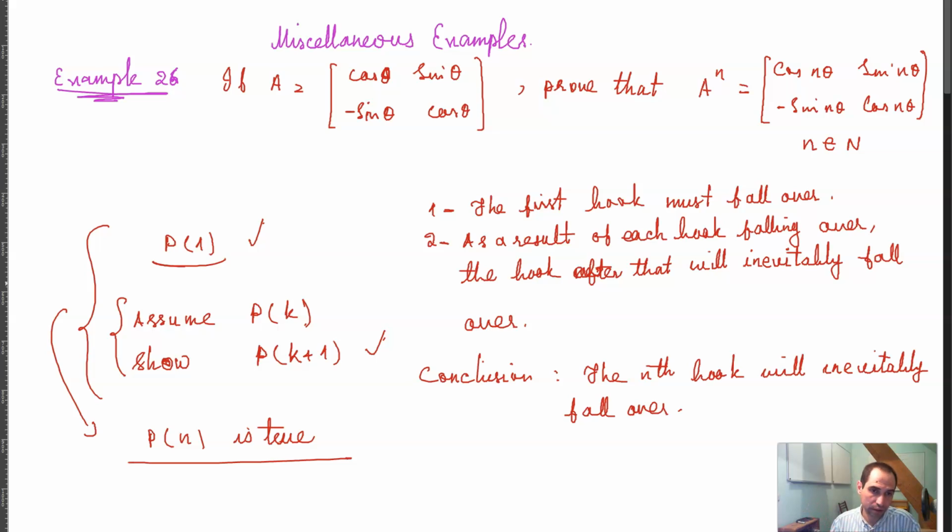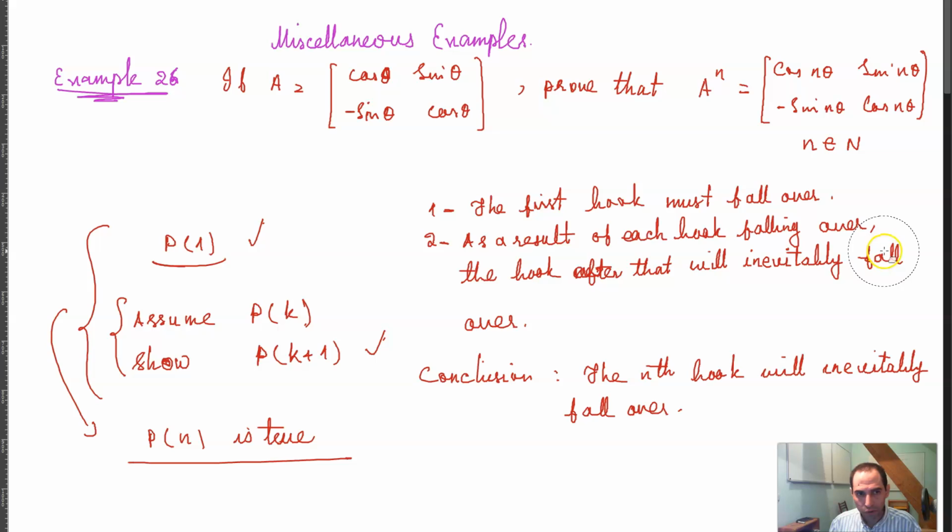Of course, you cannot sit and show that every case is true, because the set of natural numbers has an infinite number of elements. So you have to use this kind of automatic process, and using this you can show that some property is true for the whole set of natural numbers from the beginning all the way up to the end.